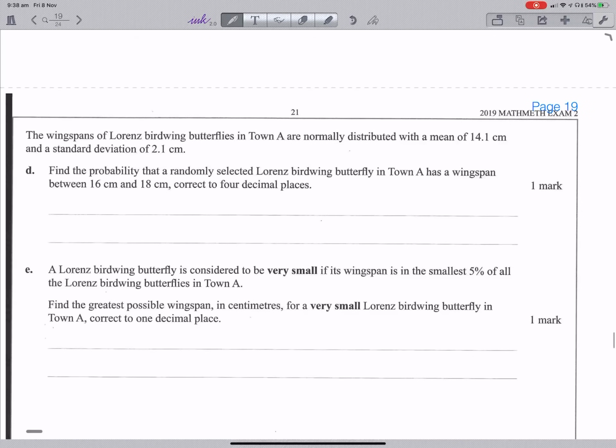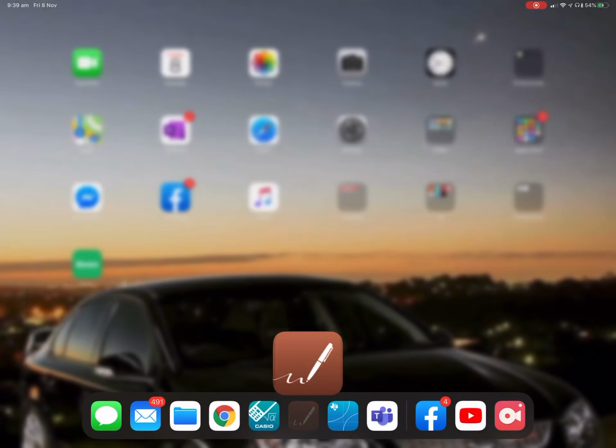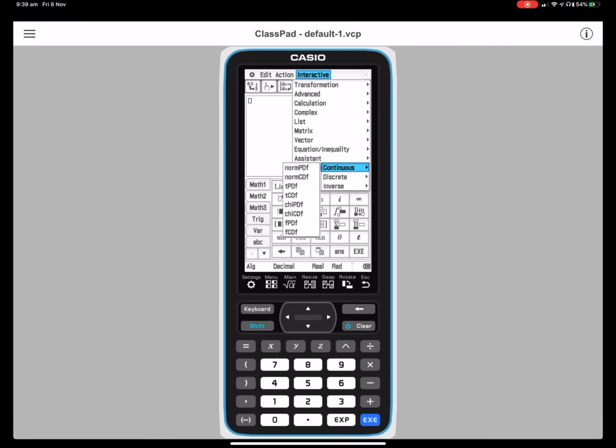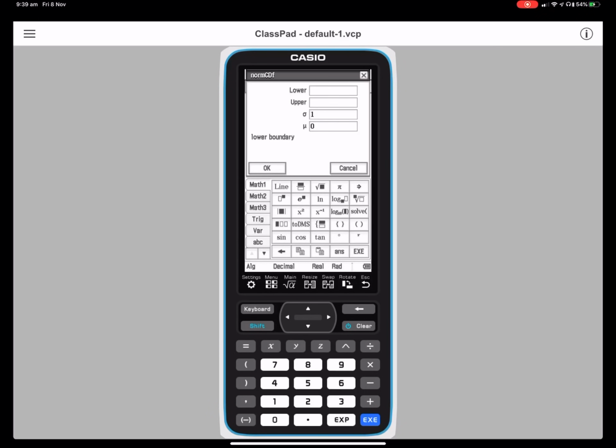The wingspans of Lorenz birdwing butterflies in town A are normally distributed with a mean of 14.1 and variance 2.1 squared. Find the probability between 16 and 18. So interactive, distribution, continuous, normal CDF. What was it? 16 and 18, that was 2.1 and 14.1.